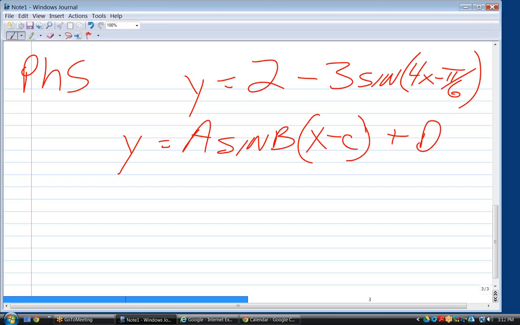Sometimes the b can be inside the parentheses. Sometimes it can be a plus c. Does this look familiar? Yeah. Okay. So if this is your standard, c is the phase shift. And that would be 30 degrees. Yes. Plus 30 degrees. In other words, 30 degrees to the right. Yeah. Okay.